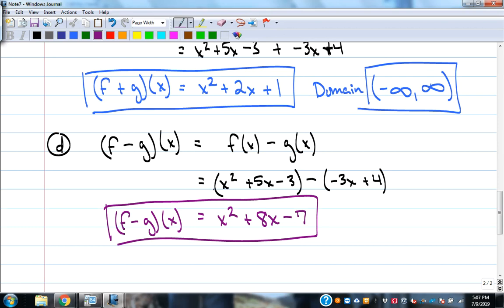Are there any red flags as far as that function goes? No. So the domain is from negative infinity to positive infinity because there are no red flags.